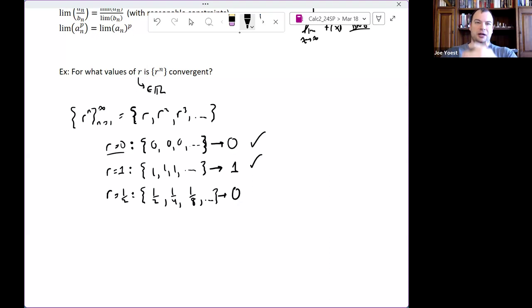Like, no matter how close I want you to get to 0, you can go far enough out, and all of the elements of the sequence from that point on will be within that interval of 0. Right? These just keep getting closer and closer to 0. This sequence converges. r equals 1/2. What about a negative number for r?